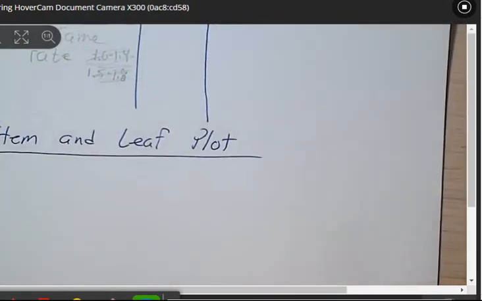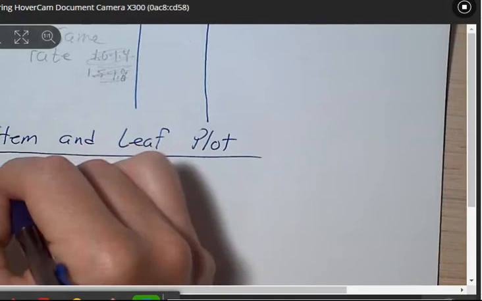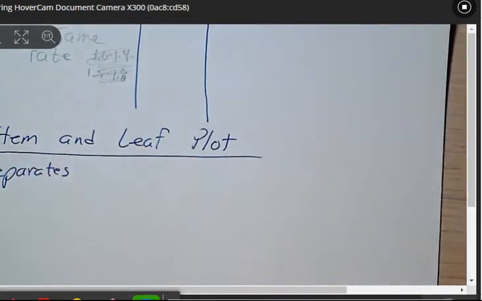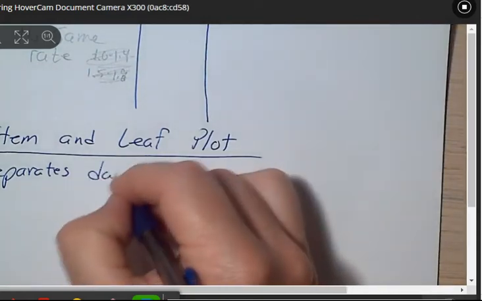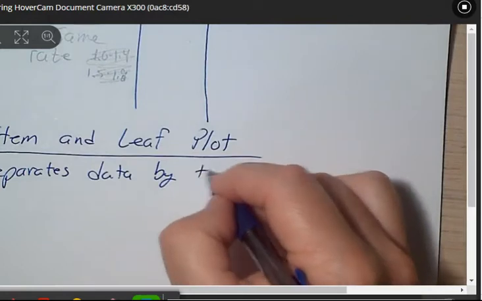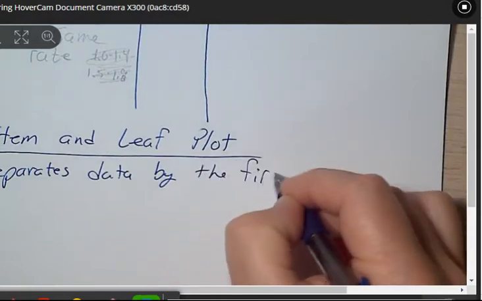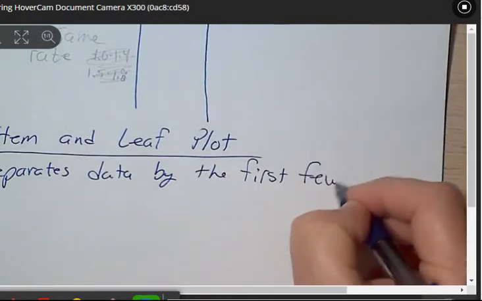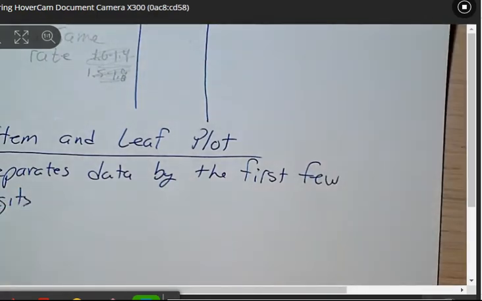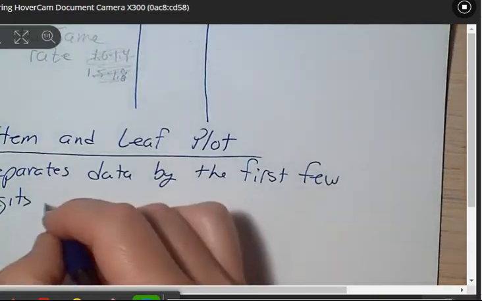Okay, and with the stem and leaf plot, if you've never seen one of these before, basically it separates the data by the first few digits, and it depends on how many digits the items have, whether it's got 2 or 3 or 4 digits. But basically, they're going to separate the first few digits, whether that's 1 or 2 or 3 digits, which they're going to call a stem.